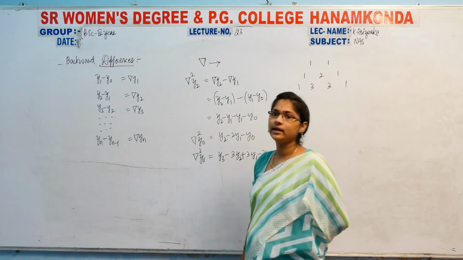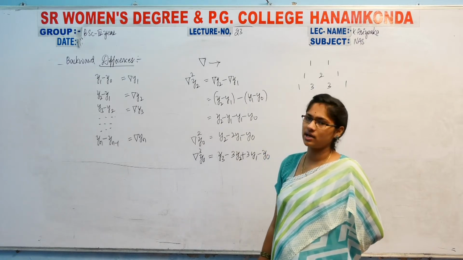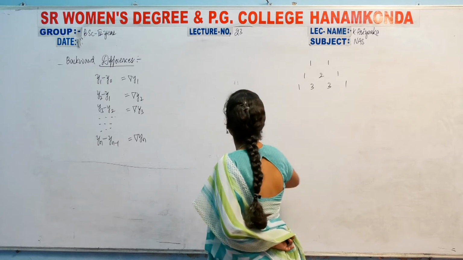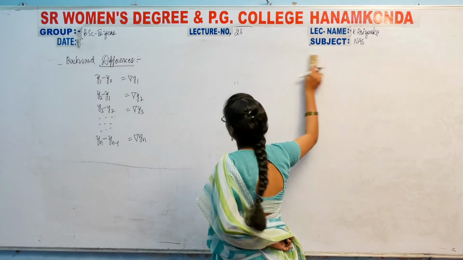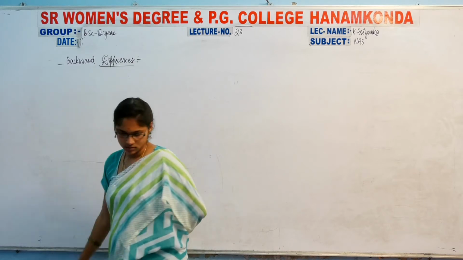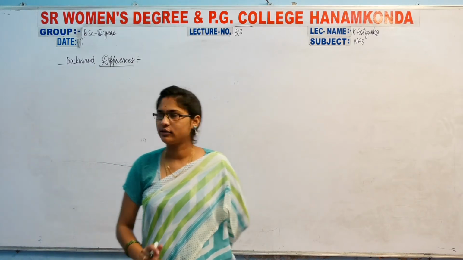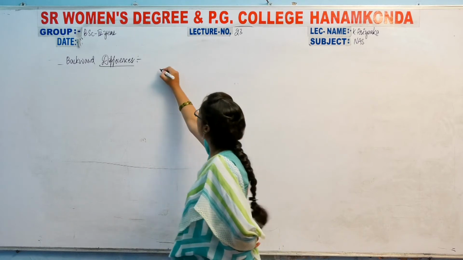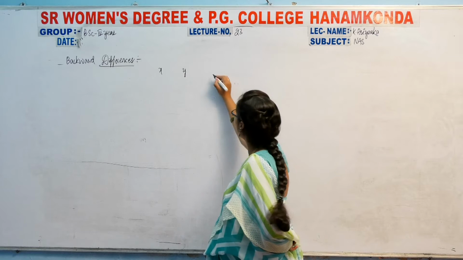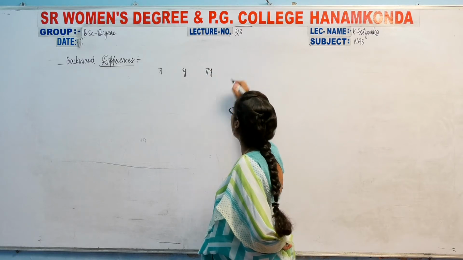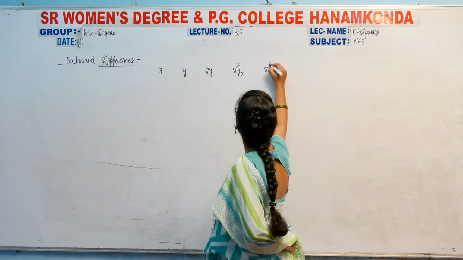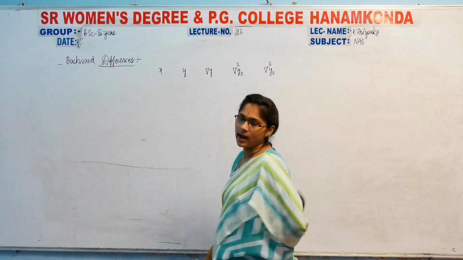Now put the heading: backward difference table. In this table we take the x value, y, then backward of y, backward square, backward cube, and so on; otherwise you can simply denote them generally as del, del square, del cube.